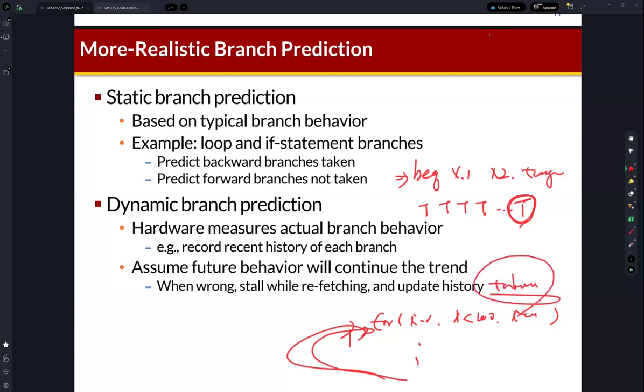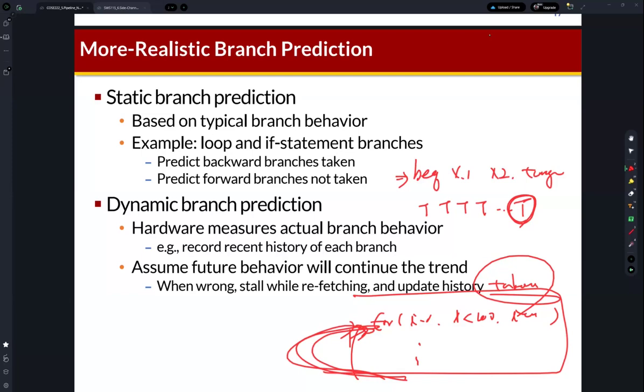Taken means that the condition of the branch is true, right? Because the condition is true, it jumps to the start point of this iterative loop. We can observe this situation very frequently in our code.